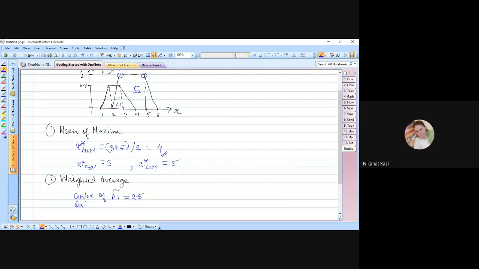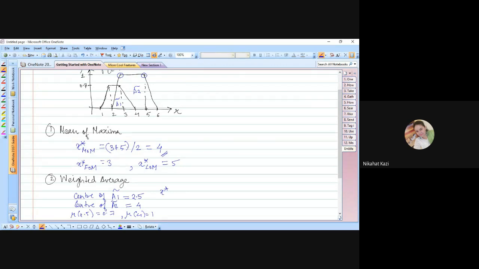Center of A2, what is the center of A2? It is 4. Okay, so now you have to use just the formula. And what is the value at that center? What is mu at 2.5? It is 0.7. Mu at 4 is 1. So now you can apply the weighted average formula.